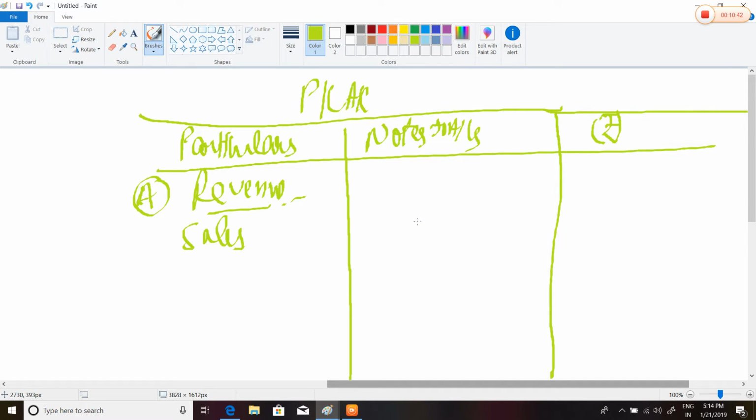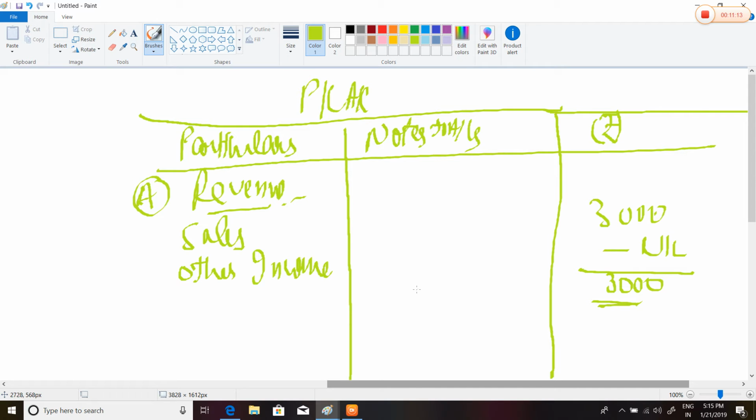I think there's no need of notes to accounts, rupees 3000 directly, and we don't have any other income. If we had other income, we'd show it in notes to accounts and then here, but there is none, nil. Total A.